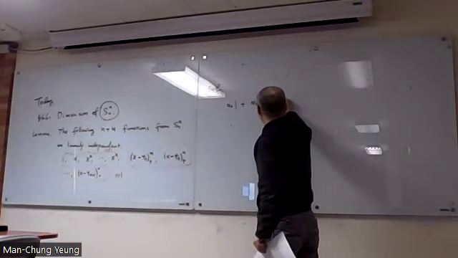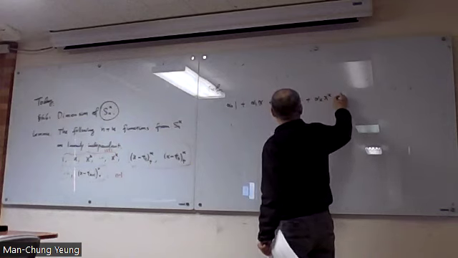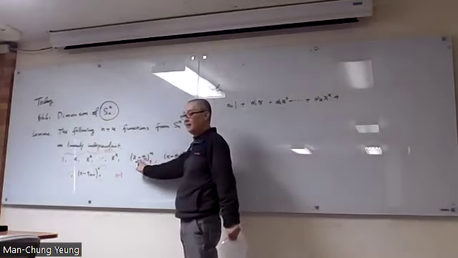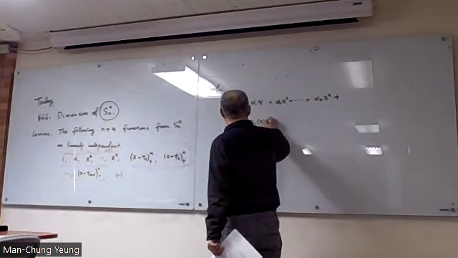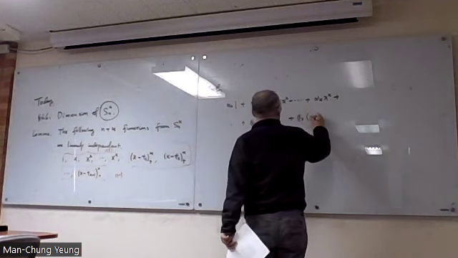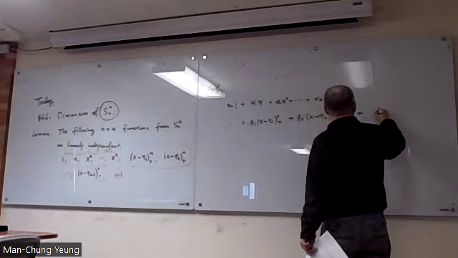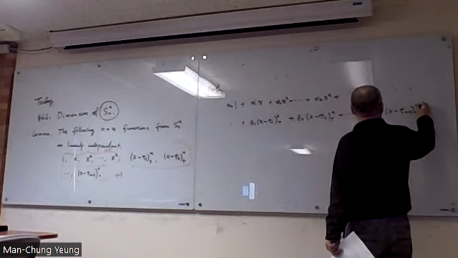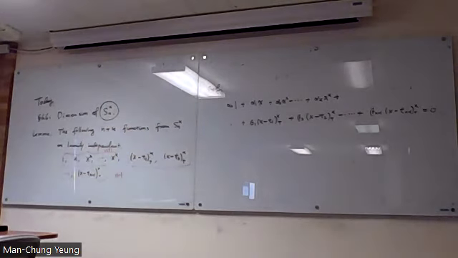And then alpha 2 x squared, up to alpha k x^k, plus beta 1 times x minus t1 truncated k, beta 2 times x minus t2 truncated k, and so on up to beta n minus 1, equals 0. This equation has only one solution.